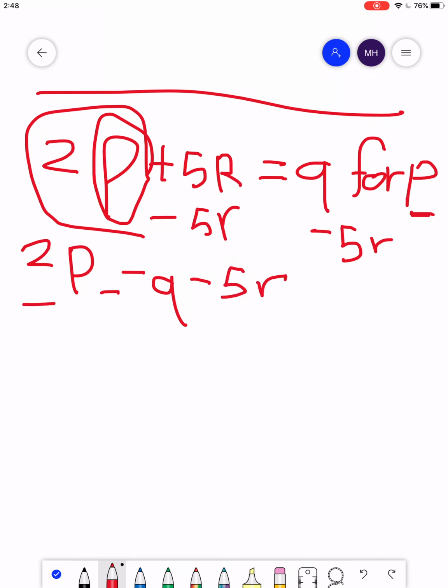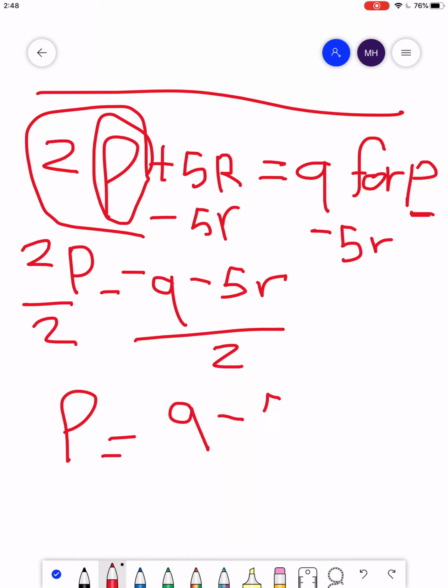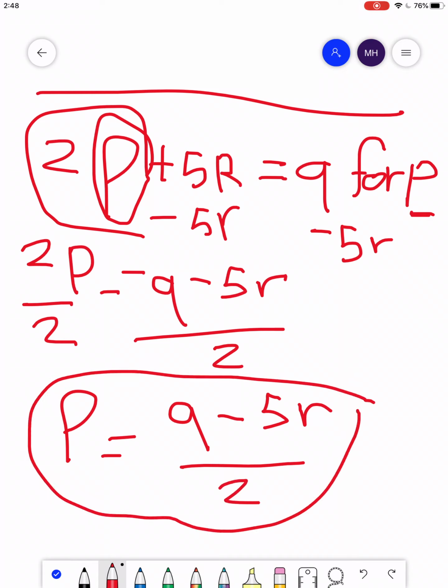Now divide by 2 both sides of the equation. We'll have p alone equals q minus 5r over 2. Now we solved this equation for the indicated variable, which is p. Now another example.